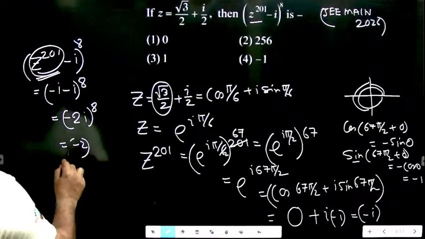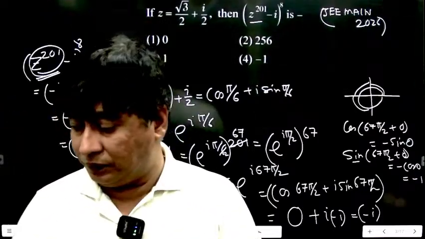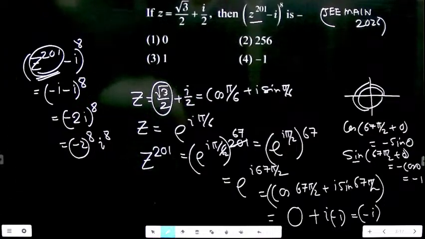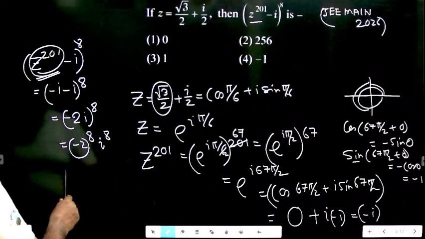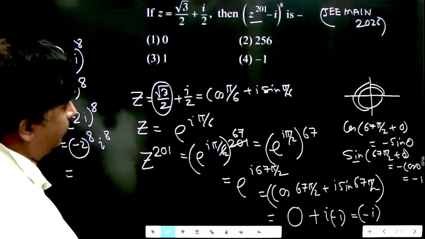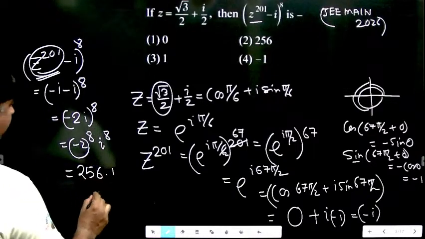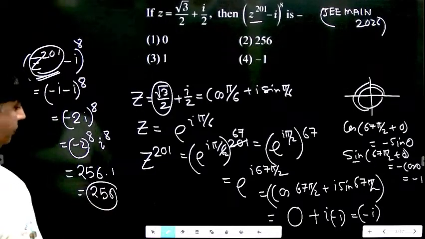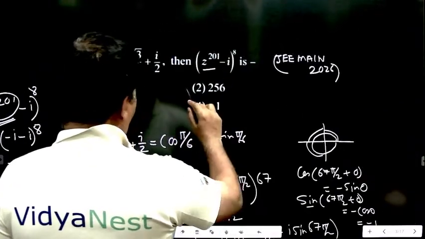So minus 2 to the power 8, i to the power 8. Okay. Understand? Yes, sir. Understood. Minus 2 to the power 8 means 256. i to the power 8 means 1. So 256. So option 2 is correct.